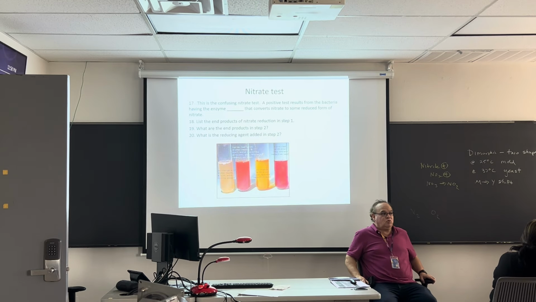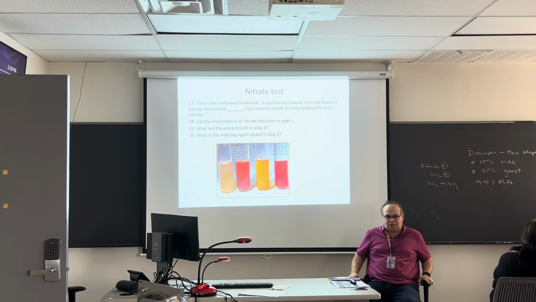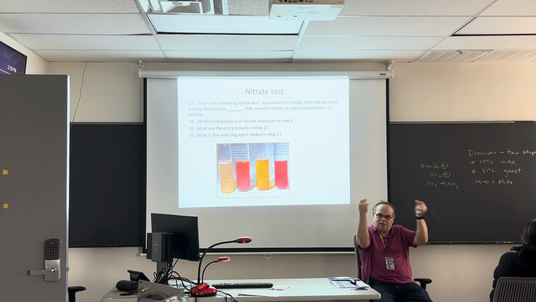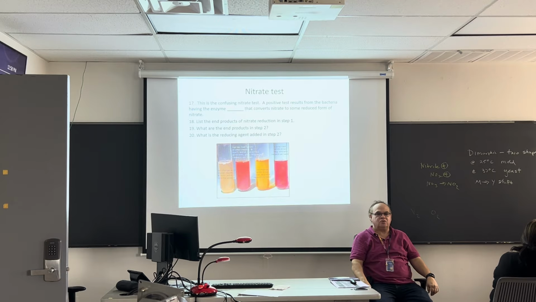And in step two, you add a pinch of what? Zinc. And what does zinc do? Not catalyze. It's a reducing agent. So, if it turns red after zinc, is it positive or negative? Negative. Because zinc reduced nitrate to nitrite, and the reagents were there, and it immediately turned red.